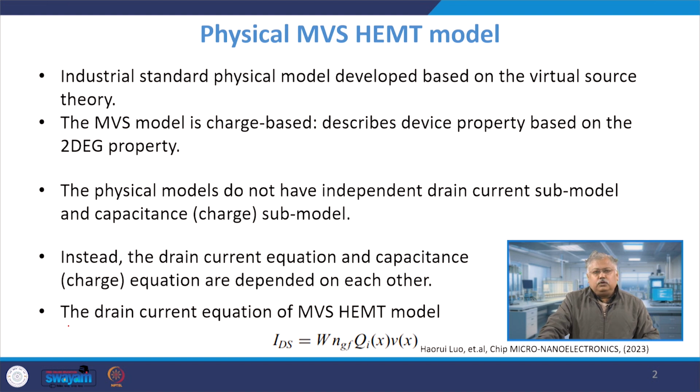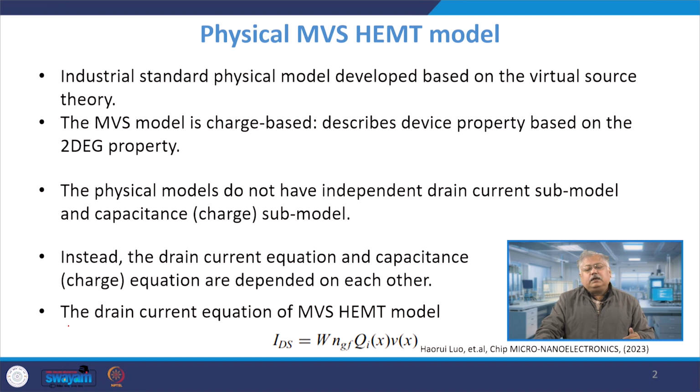As we already know, HEMT is a 2D electron gas, which basically means a rather thin layer of electrons is sandwiched between the heterostructure, because of which the charge is referred to as two-dimensional electron gas or 2DEG.